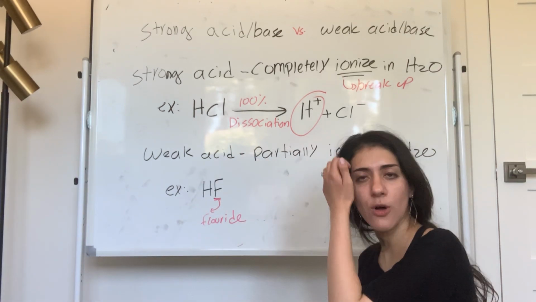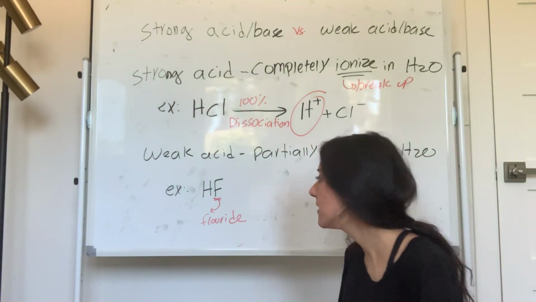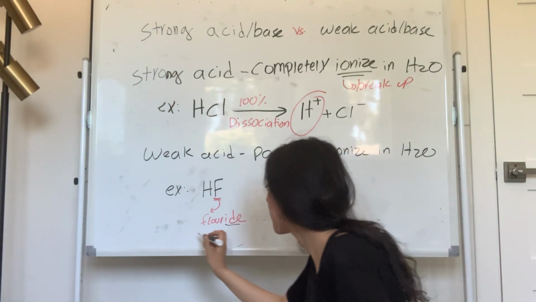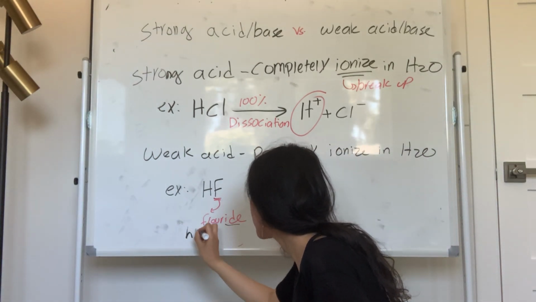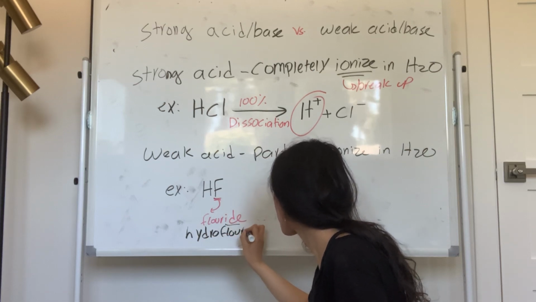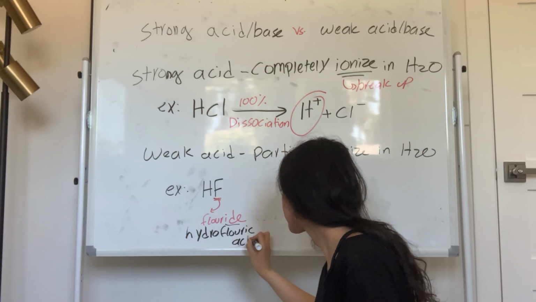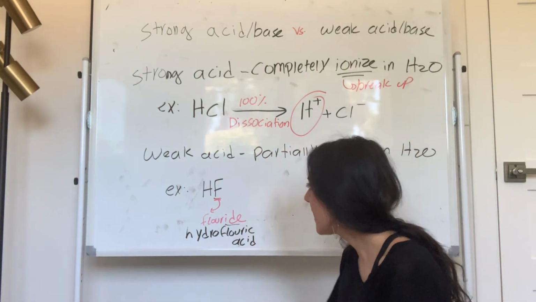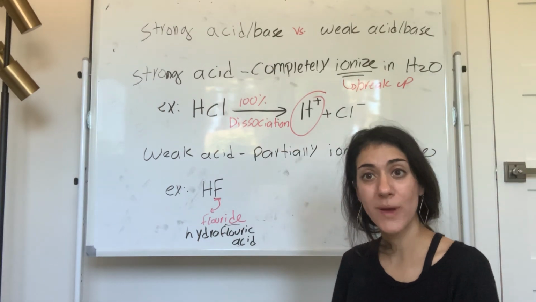Because all of those simple ions from the periodic table, they end with "ide." So it's fluoride. If you end with "ide," your hydro is hydrofluoric acid. Okay, good. So hydrofluoric acid is a weak acid.